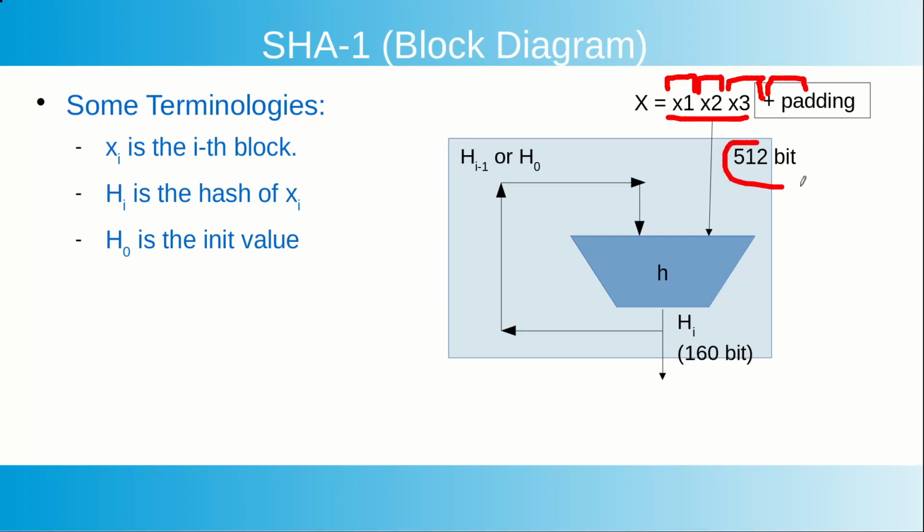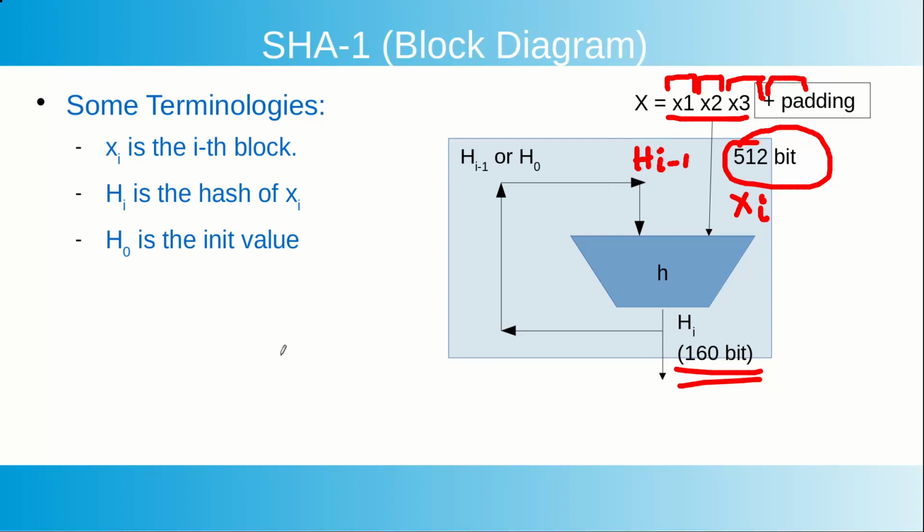And it is important to note that each and every block will have a size of 512 bits. So, the block size which we are taking as input is 512 bit, and the hash output is 160 bit. So, it is actually bringing 512 bit down to 160 bit. And whenever we are using, say for example xi, we are taking the hash output of the previous one, that is called hi minus 1.